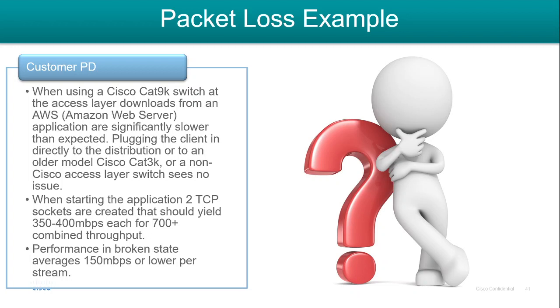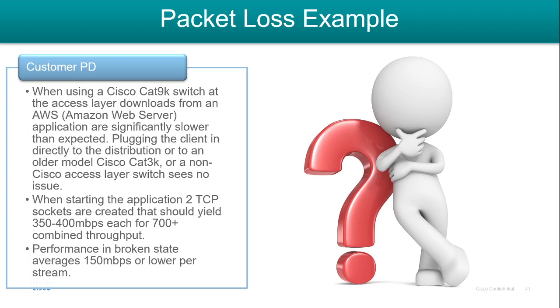If they swapped the Cat 9K for a 3K, it would work just fine. Or if they swapped it for any other model of Cisco switch or even third-party switches, the speeds would be very good. It was only when the Cat 9K was in use that they started seeing these performance issues.